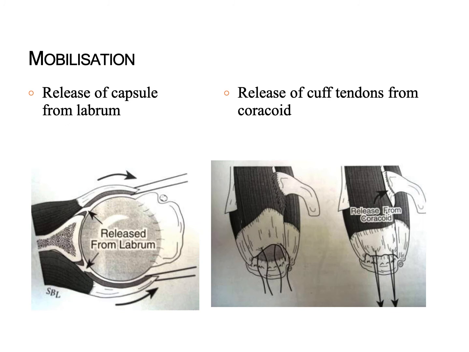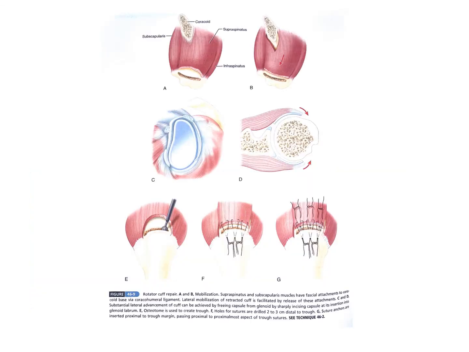First, mobilization. The capsule is released from the labrum. As we can see from the first image, the capsule is separated from the labrum first, and then the cuff tendons are released from the coracoid. This figure demonstrates in brief how the operation is carried out.